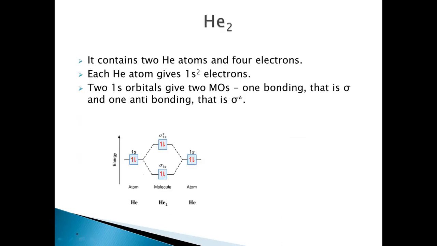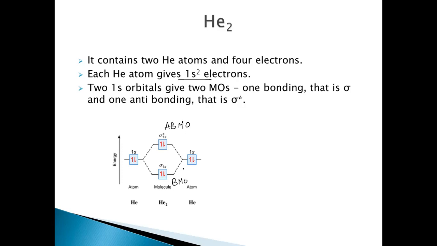Right. So when we come to the He2 molecule, what is the electronic configuration of He? There are 2 electrons in the s orbital, that is 1s2. The 1s orbitals of the 2 He atoms overlap, that means linear combination of the atomic orbitals again results in the formation of 2 molecular orbitals, sigma and sigma star, the bonding molecular orbital and the anti-bonding molecular orbital, represented by sigma and sigma star.